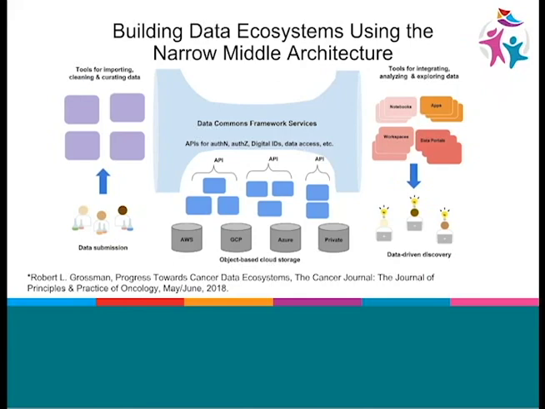I have this view of what you can call the narrow middle. This is an end-to-end design principle, which means if you're trying to build a large-scale system, you have to specify just enough, but if you specify too much, then you don't have the flexibility to innovate.